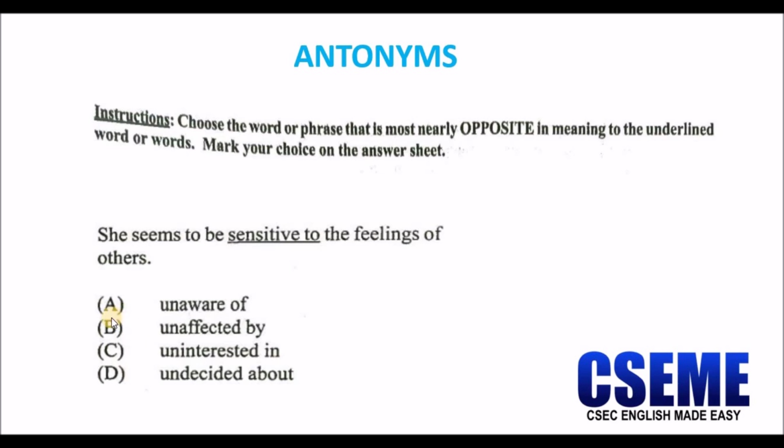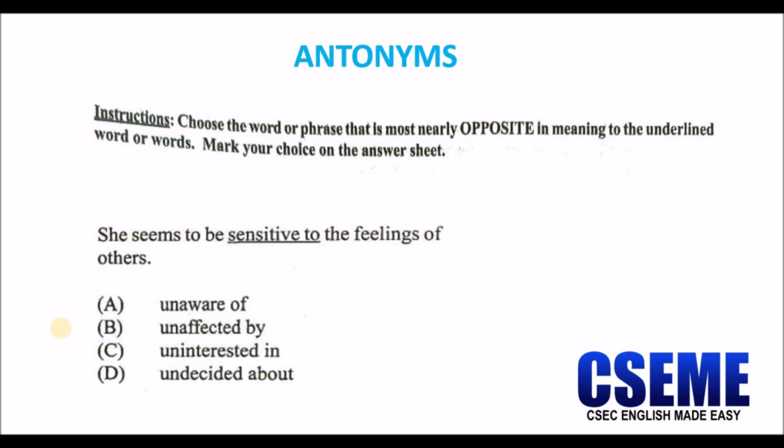This question, I will need to do a series of eliminations, right? So off the bat, I am going to eliminate C and D. So those are out. Then I'm going to look at unaware of and unaffected by. Which one is most nearly opposite?